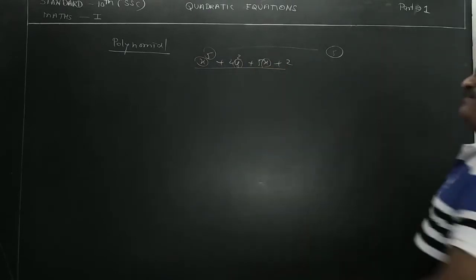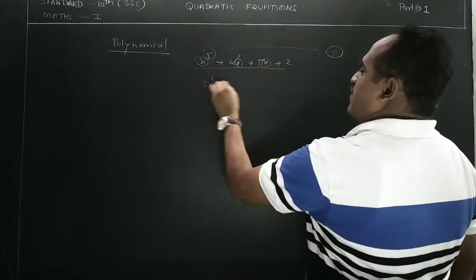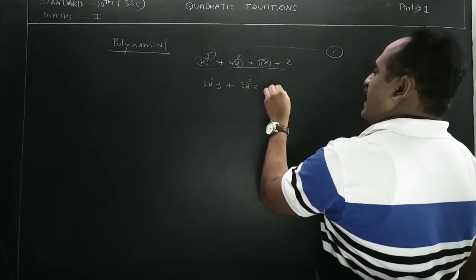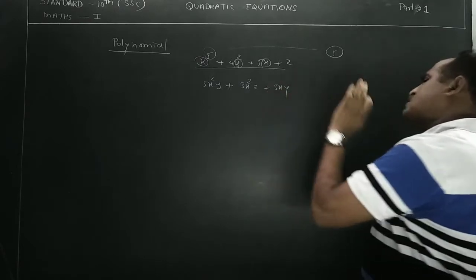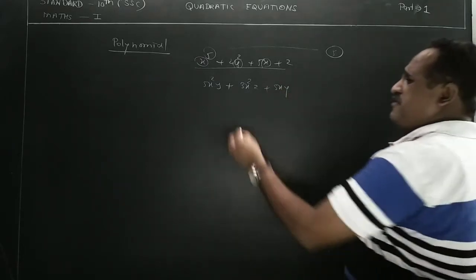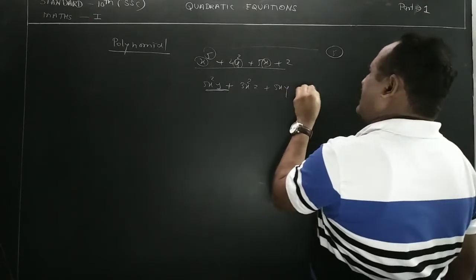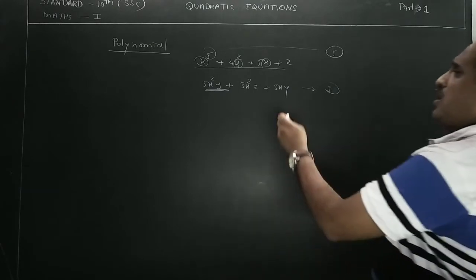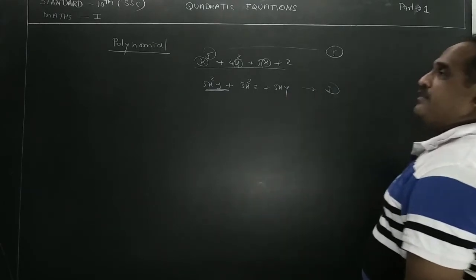But if it is like 5x square y plus 3x square z plus 5xy, this is also a polynomial but having 3 variables. And the highest degree we are going to combine: 2 plus 1 is 3. So these are the polynomials.